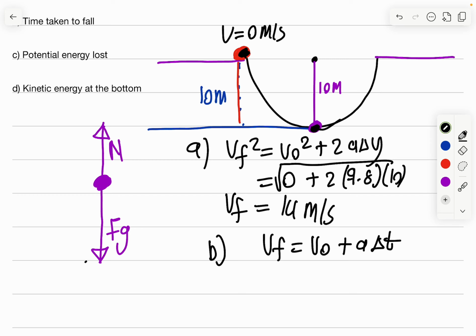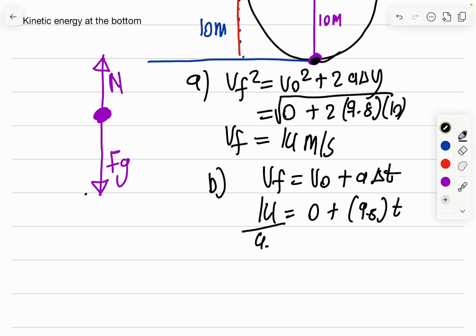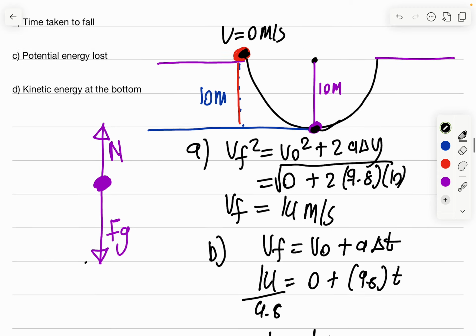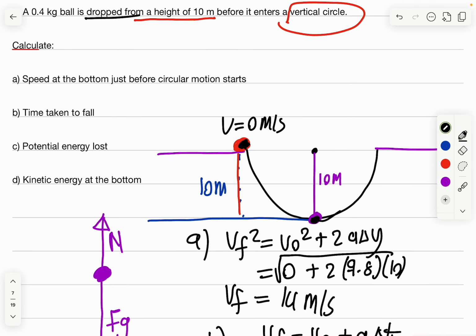So velocity final is 14, initial is 0 plus acceleration 9.8 multiplied by t. I divide by 9.8. My time is going to be 1.43 seconds.